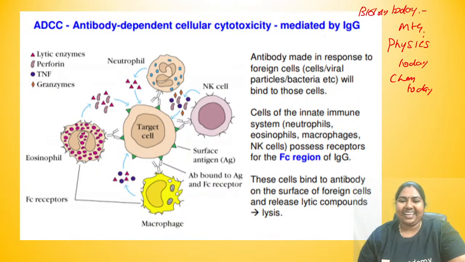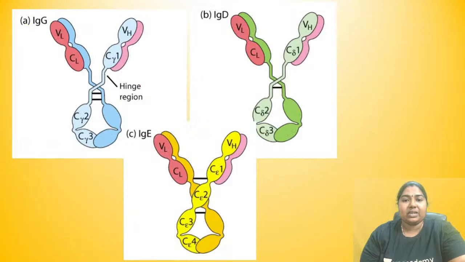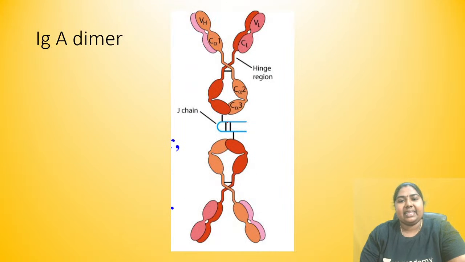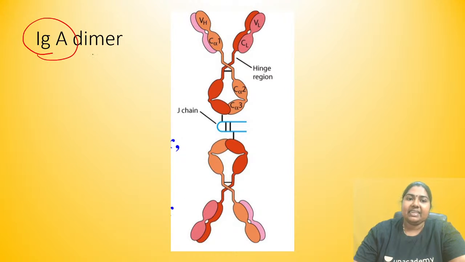Okay, good, everyone. So this is about all these things, and this is about how this CC thing. Yeah, Shananda, absolutely correct. So this is how these disulfide bridges are formed here and there. And you remember IgA, it is a dimer and they are connected by the J chain.